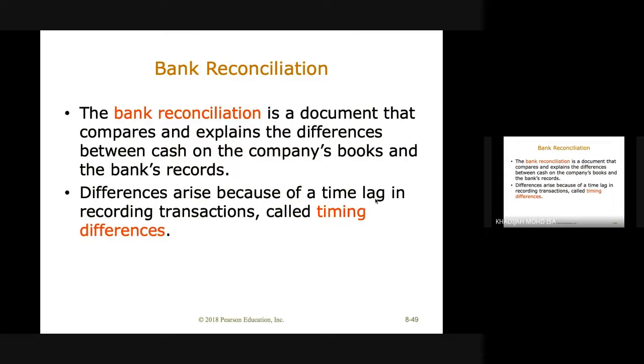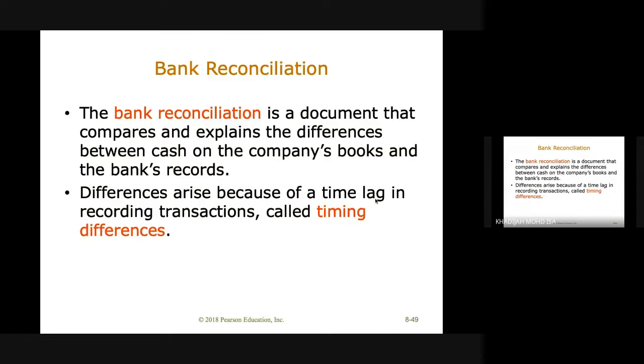Bank reconciliation is a document that compares and explains the differences between your cash on the company's books and the bank records. You have company books and then you have the bank records. Differences arise because of the time lag in recording transactions, called timing differences.